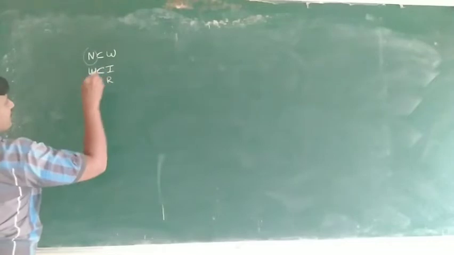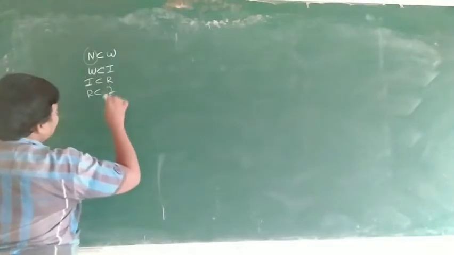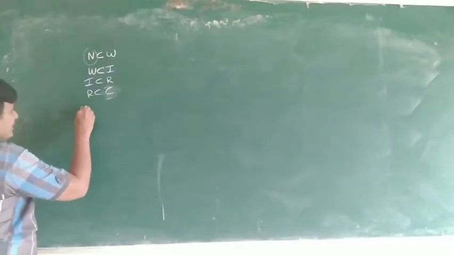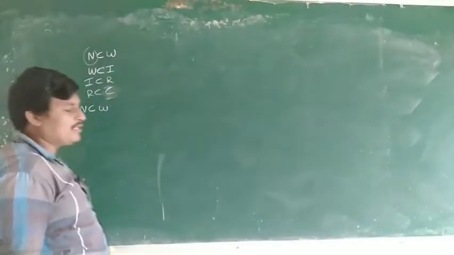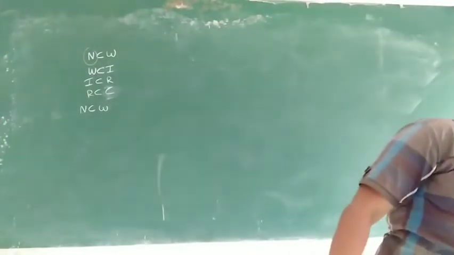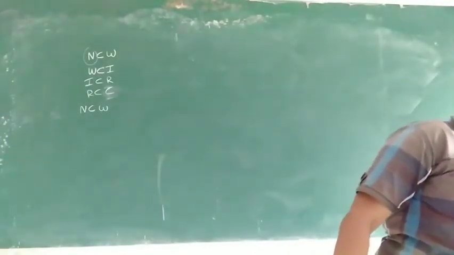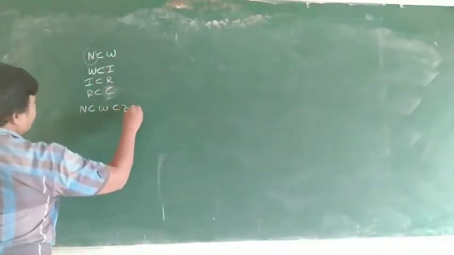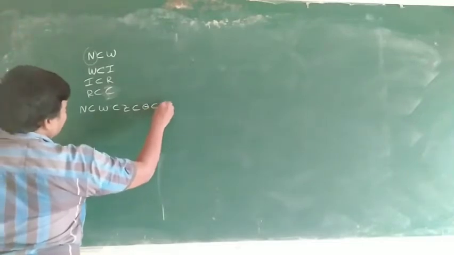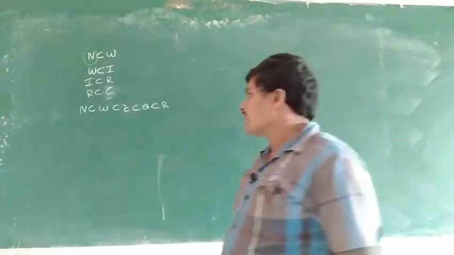So next, integers are a subset of R. R is a subset of the complex numbers, denoted by C. So finally N is a subset of W, subset of Z, subset of Q, subset of R. Totally the biggest set is the real numbers.